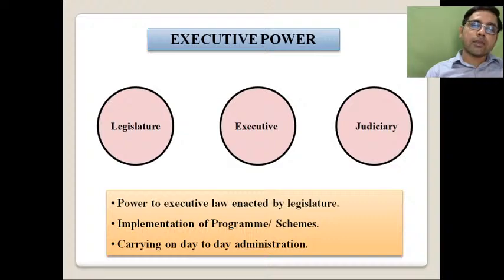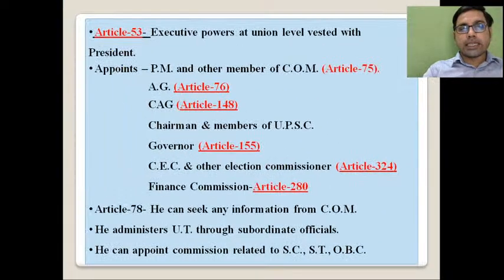All such things come under the category of executive power. And we discussed Article 53, which says that executive powers at the union level are vested with the President of India. So all treaties are concluded in his name, delegations are sent in his name, and appointments of major constitutional dignitaries are made by him. So these are a number of executive powers.